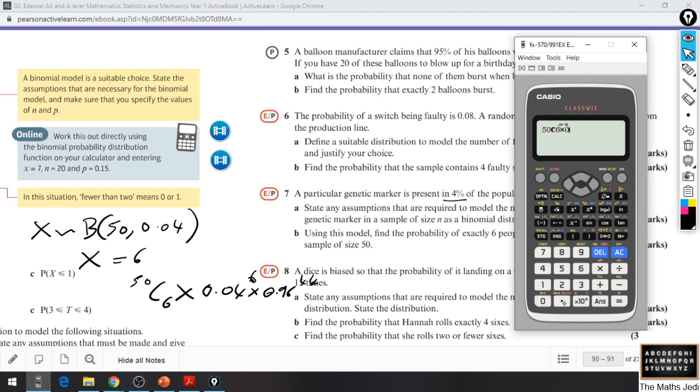Multiply that by 0.04 to the power of 6. Multiply that by 0.96 to the power of 44. And you get 0.0108. Again, try to give it to 3 SFs unless it's stated otherwise.